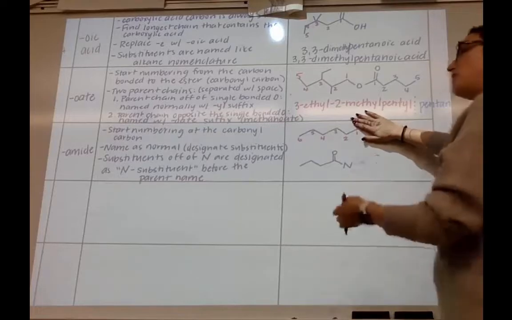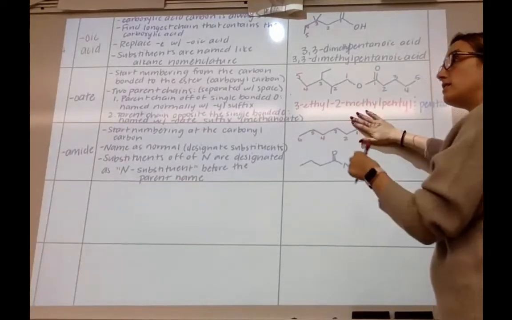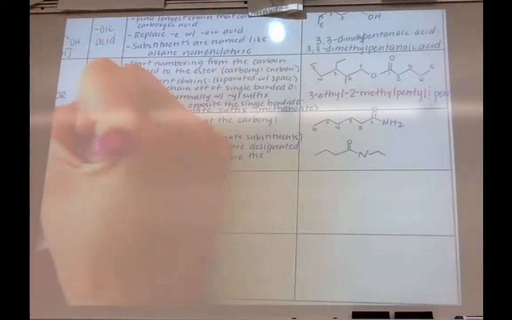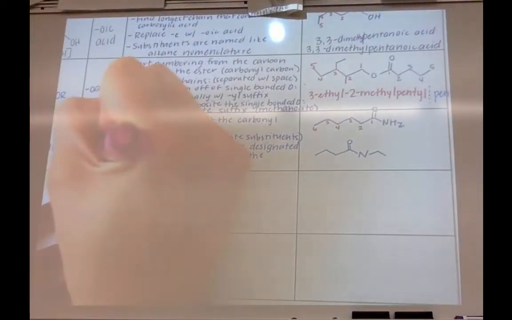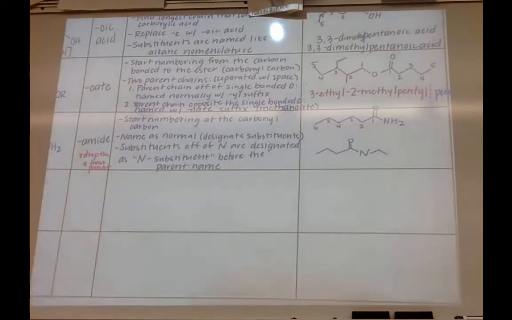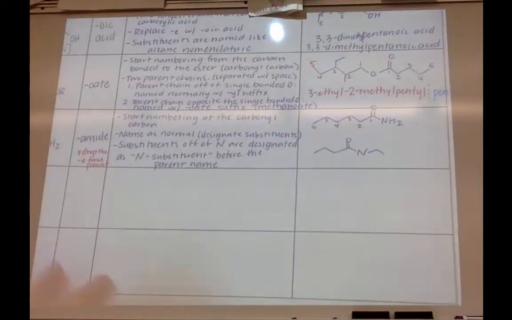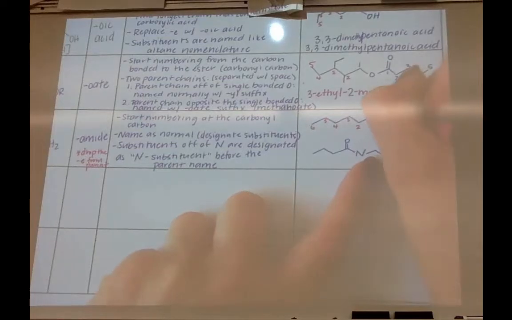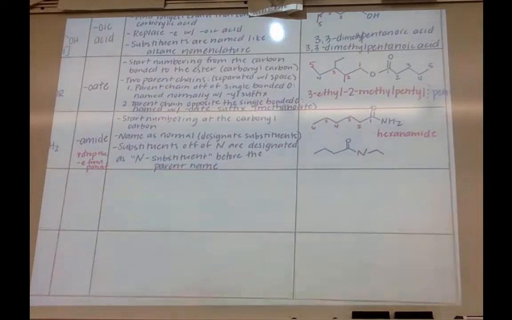When it comes to the ending, you just drop the E and add amide. All we're doing is dropping the E from the parent chain. Meaning if it were hexane, it'd just be hexanamide. So this, again, hexane, there's no substituents. So this is hexanamide.